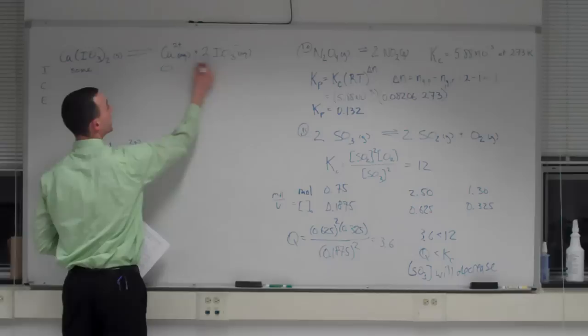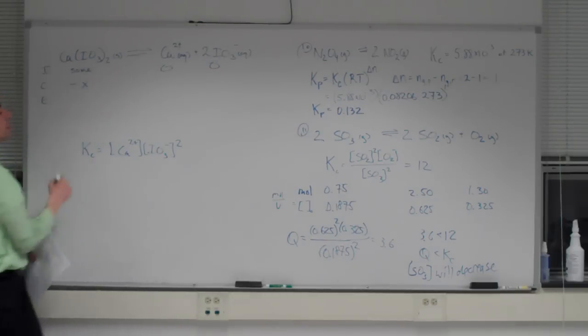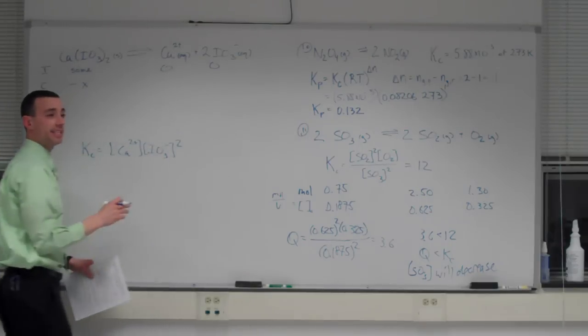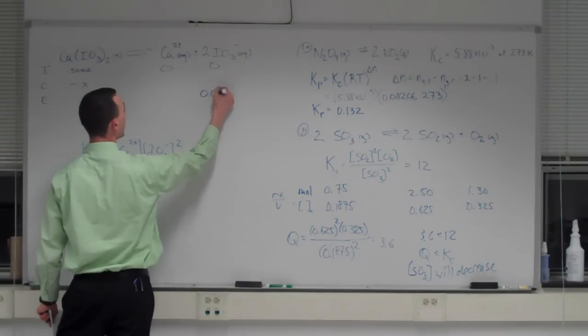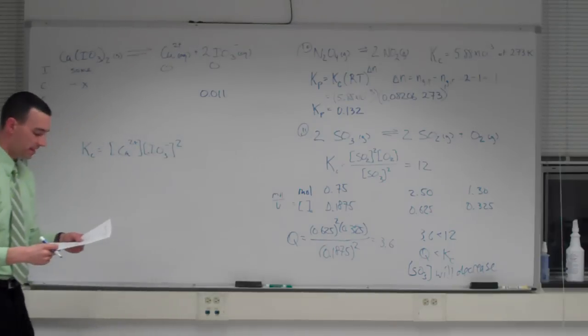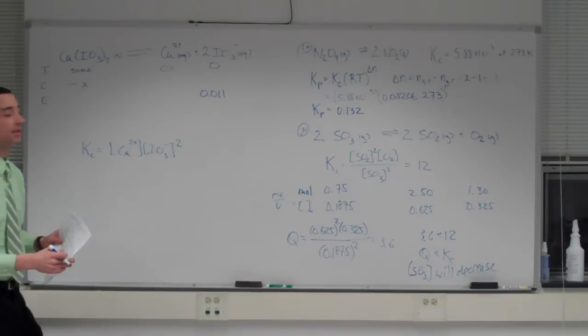But because there's some of it, we know that a certain amount would react away. Before we go too far with that idea, though, we're actually told how much iodate we have at equilibrium. It says that we have 0.011 molar iodate at equilibrium.